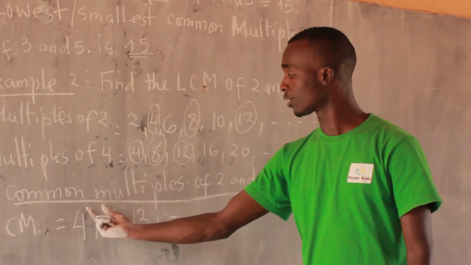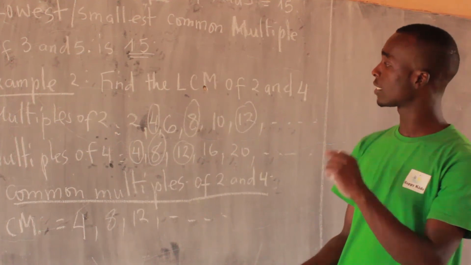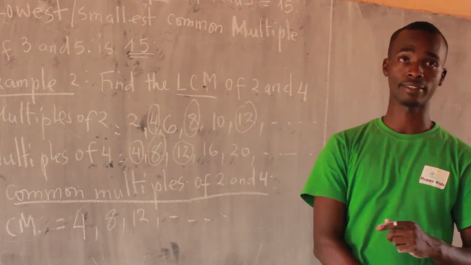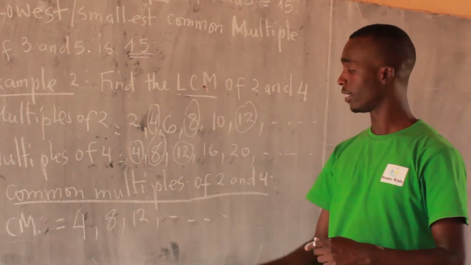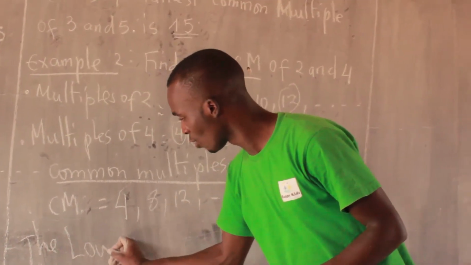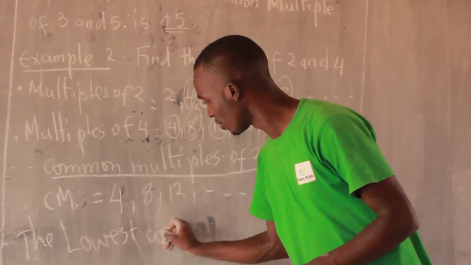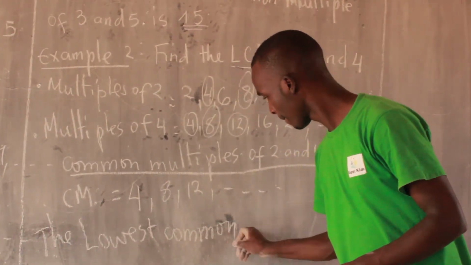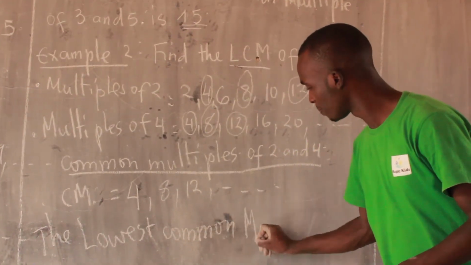From this set of common multiples, we are asked to find the lowest one, the smallest one, the lowest common multiple.